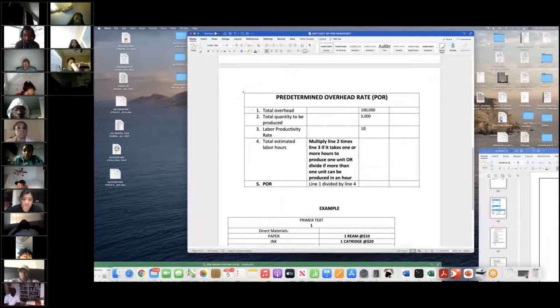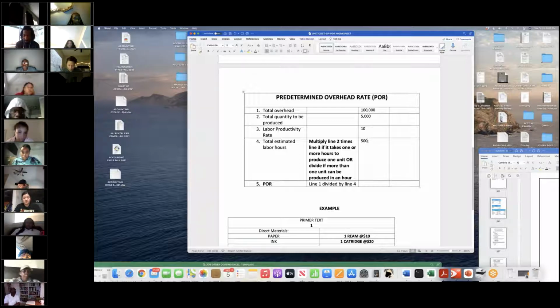Okay, so line 1, total overhead. Line 2, total quantity to be produced. Line 3, labor rate productivity. How many hours is it going to take us if we can make 10 an hour and we have to make 5,000? 500.